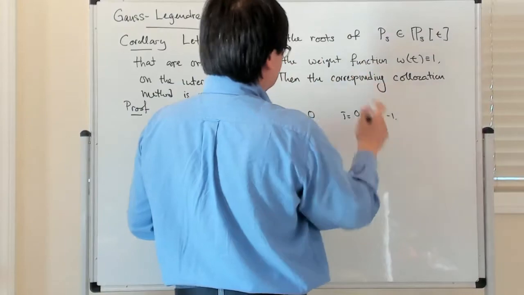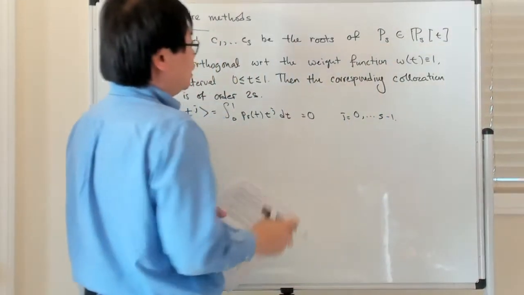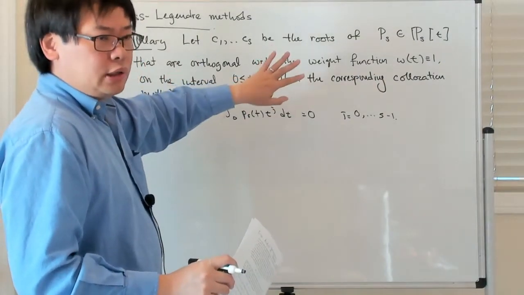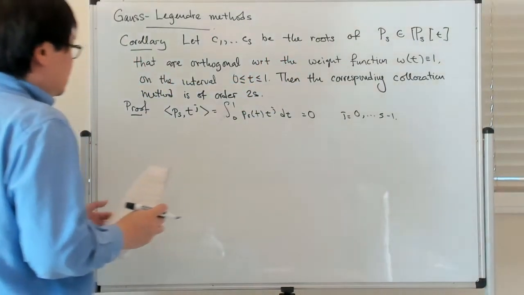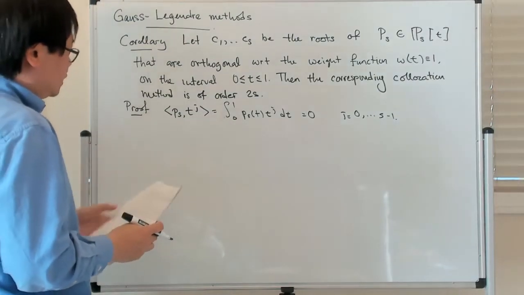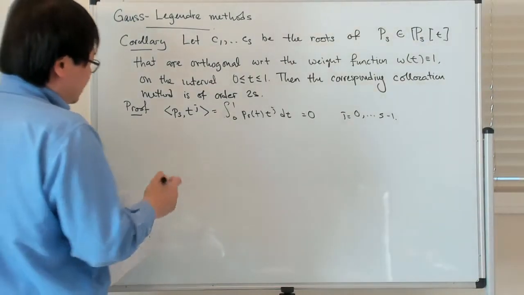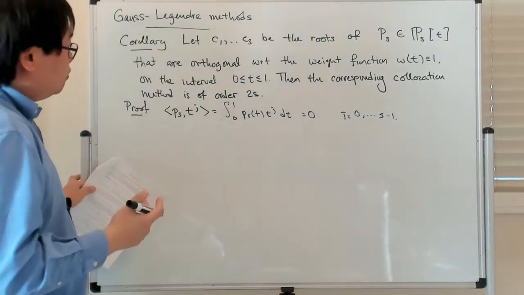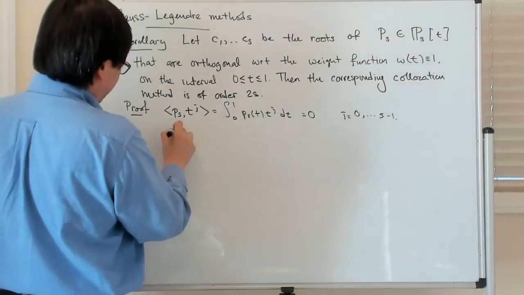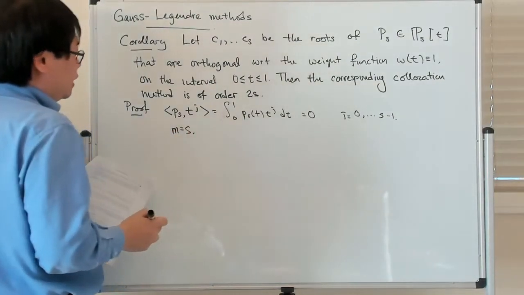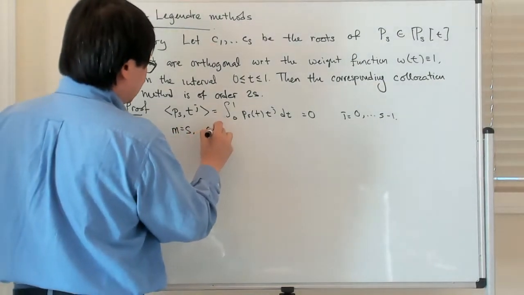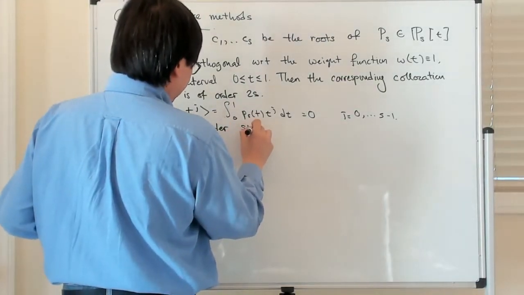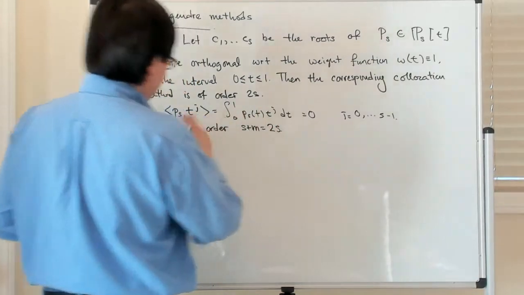So that's what is meant for this polynomial of degree s to be an orthogonal polynomial: it's orthogonal to all the lower degree polynomials. And so that's what happens, and of course that basically means that this satisfies the conditions for the theorem before, but with m equal to s, and then the order of the collocation method is s plus m, which is of course 2s in this case.